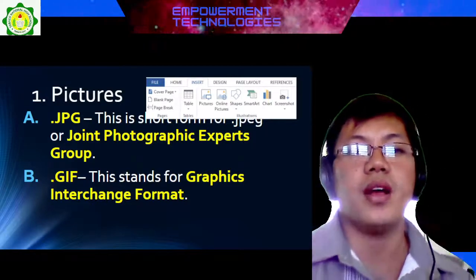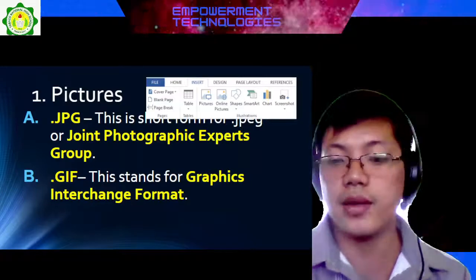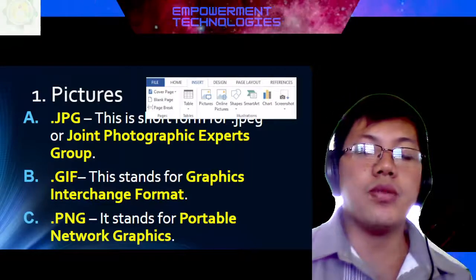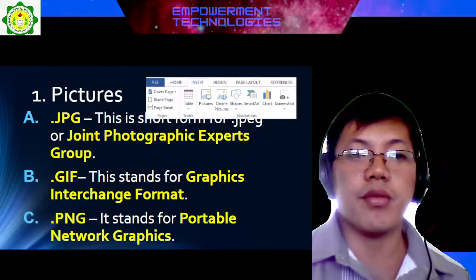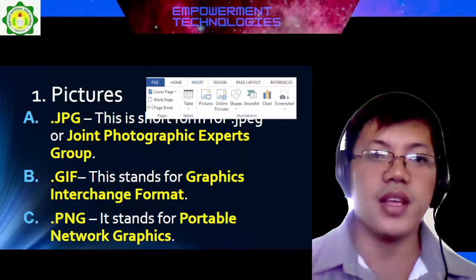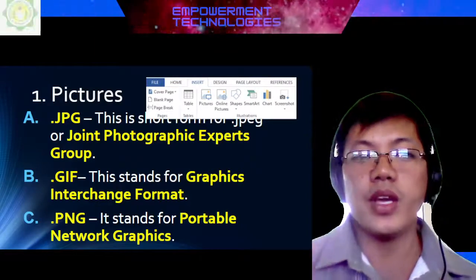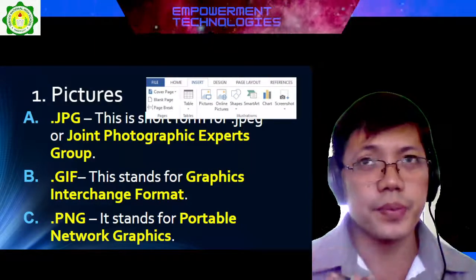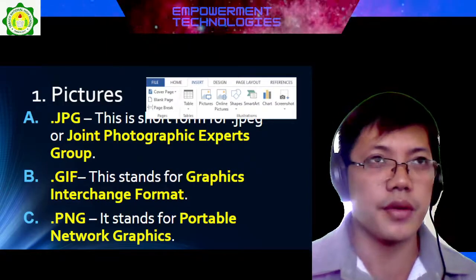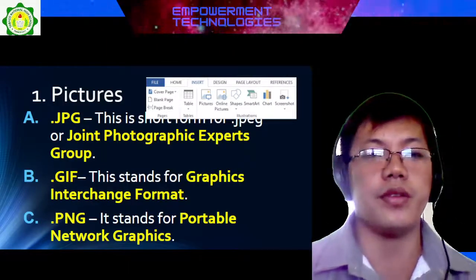This stands for Graphics Interchange Format, and it has animations in it. And the last one is .png. It stands for Portable Network Graphics, and this is the thing that I would like you to take note of, because the one that is clearer among the three is the PNG. All right, so better make use of the PNG.